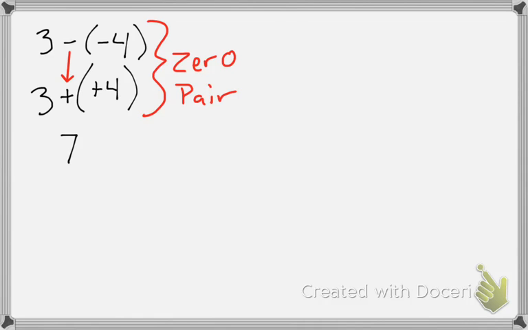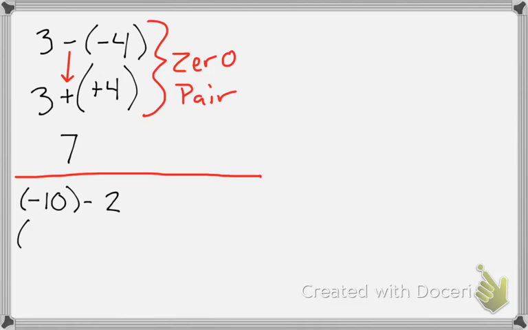Or, and I'll just do this on the same page, we could have maybe a negative number minus a positive number, like -10 minus positive, how about +2? Well, we'd go ahead and rewrite this problem. -10 stays the same. Again, the first number will never, ever change.